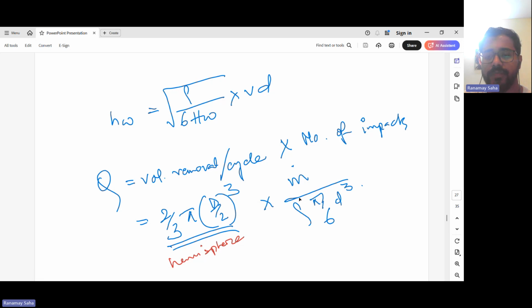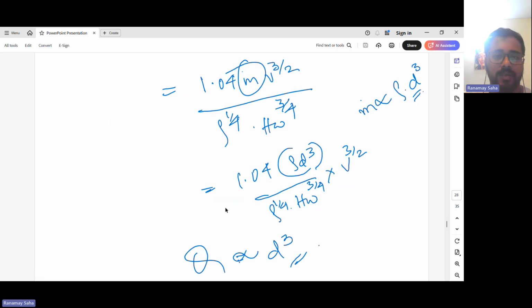So in the denominator you have the volume and the total mass, and then you have the mass flow rate. That is the total mass flow per unit time. So there you can get the number of impacts.